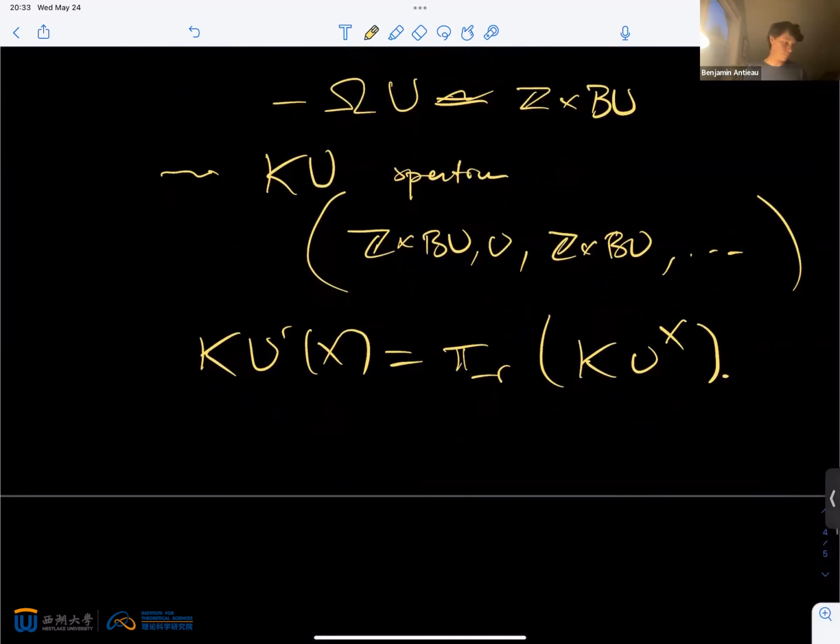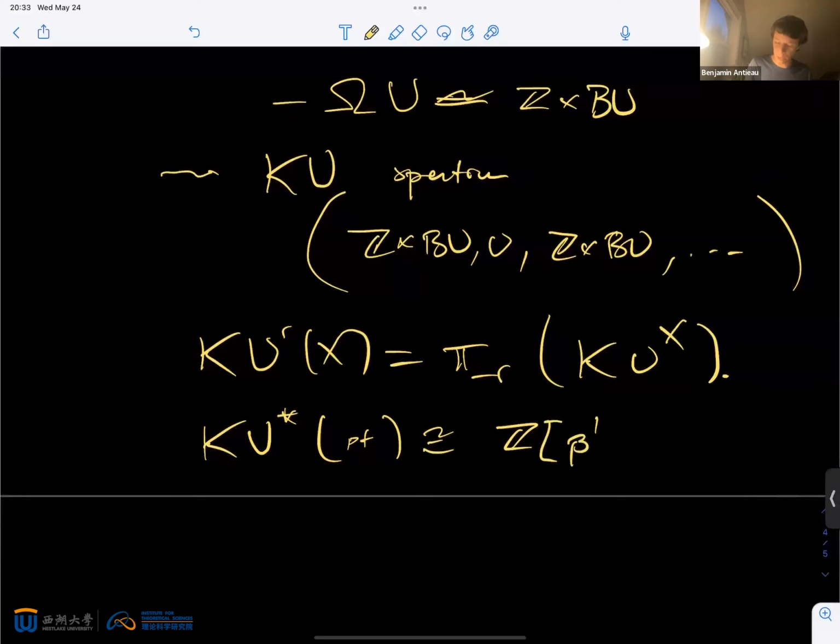If I do this to a point, this gives a graded ring, and I get Z adjoin beta plus or minus 1, where the degree of beta is plus 2 homologically.